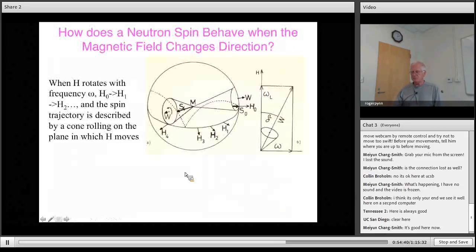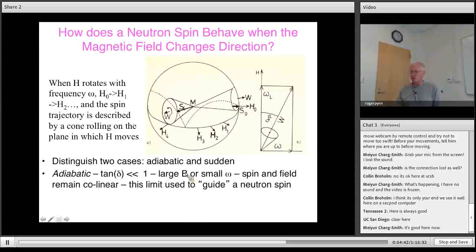So if you draw this triangle here, this drawing here, where this length is the magnitude of the rotation frequency of the precession of the neutron. It's the Larmor precession frequency. And this horizontal direction here represents the rate of rotation of the magnetic field.